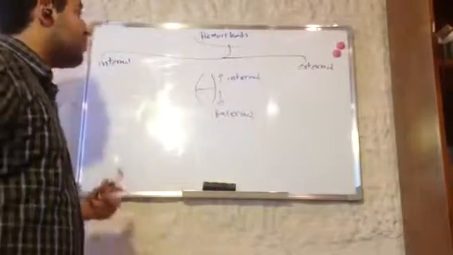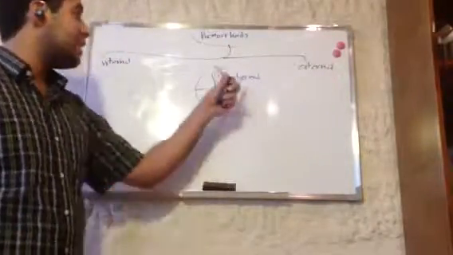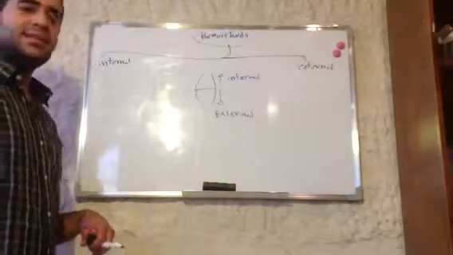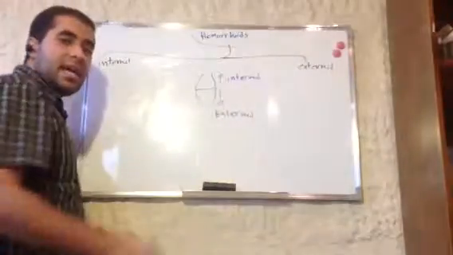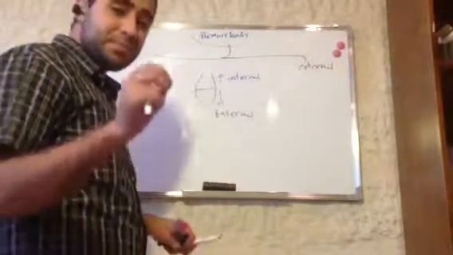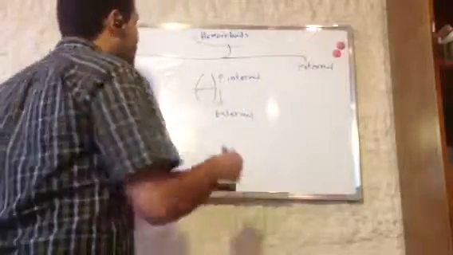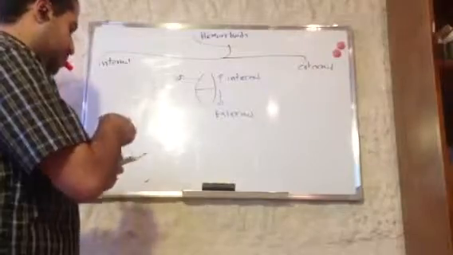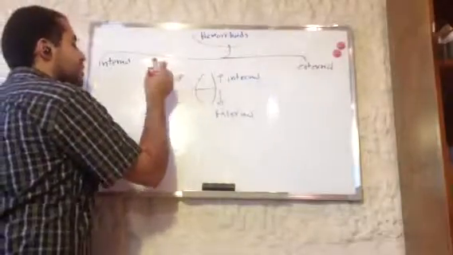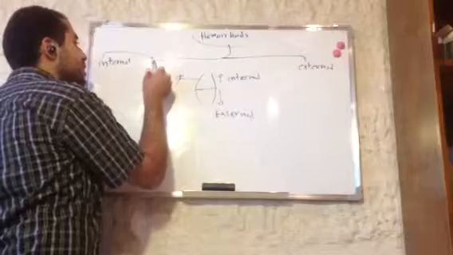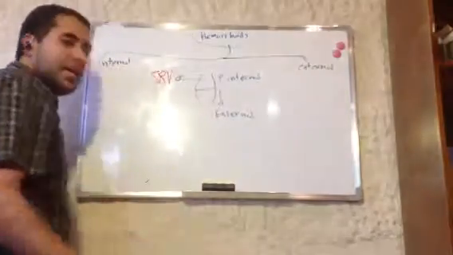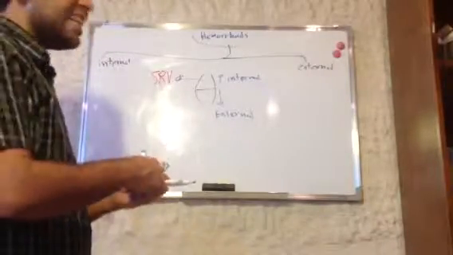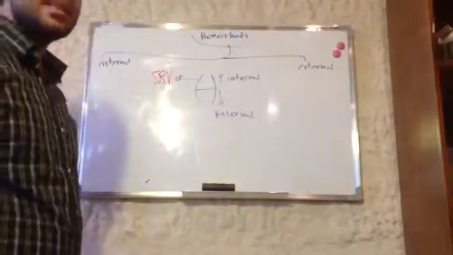Okay, so what veins specifically are affected in internal hemorrhoid? The main vein that drains the area above the anorectal line is the superior rectal vein. Just write it like that. The tributaries of the superior rectal vein are the internal rectal plexus.